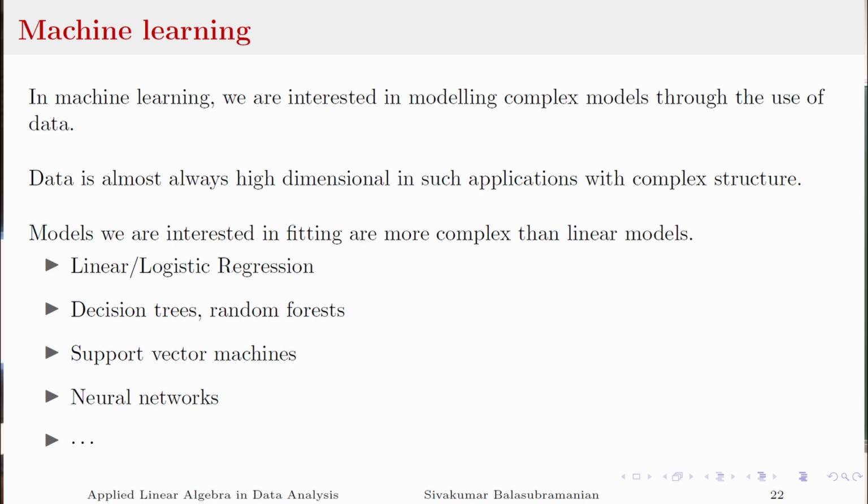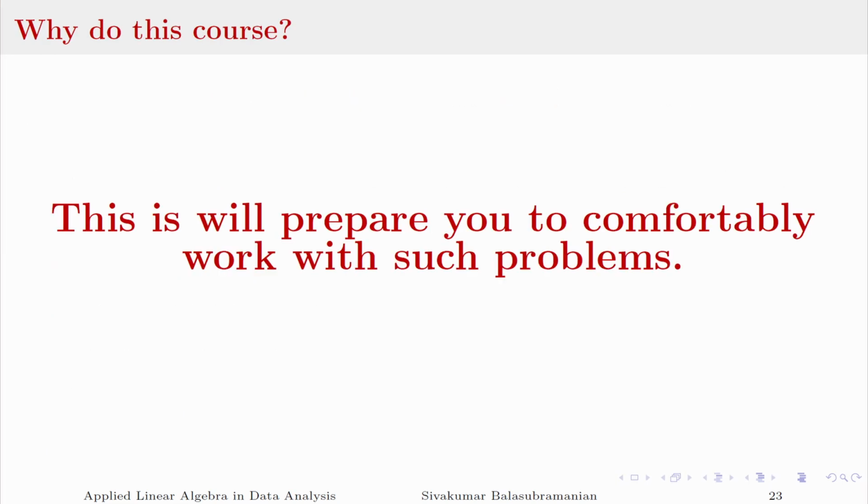Again, we will not cover any of these as part of the one short lecture that we have on machine learning. We will only focus on linear regression and logistic regression. But once you are comfortable with the material that's covered, many of these things should be easy for you to go and study by yourself. Hopefully that gives you the broad range of areas where these topics are useful.